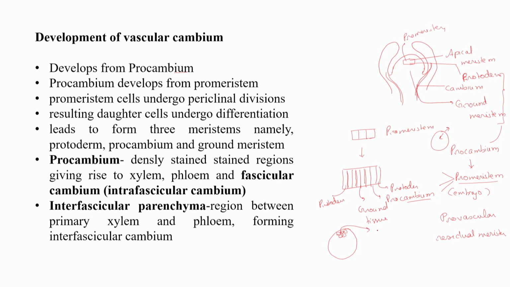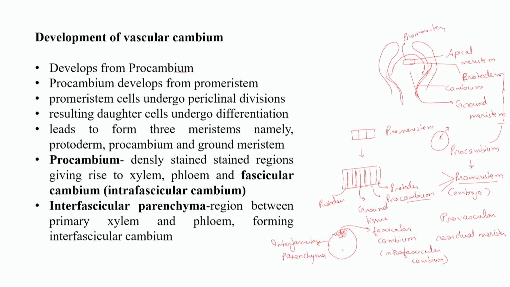So they called it fascicular cambium, some densely stained region between that residual meristem or provascular layers, or it is also known as intrafascicular cambium. This is all very important when we study the secondary growth in stem, and those regions which were between those densely stained regions were known as interfascicular parenchyma.